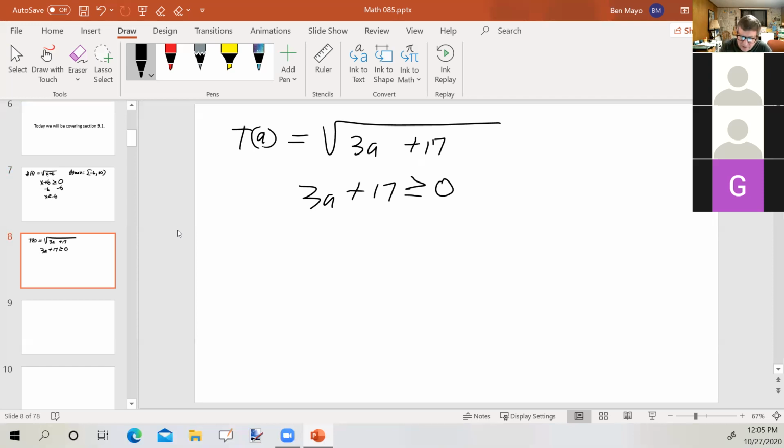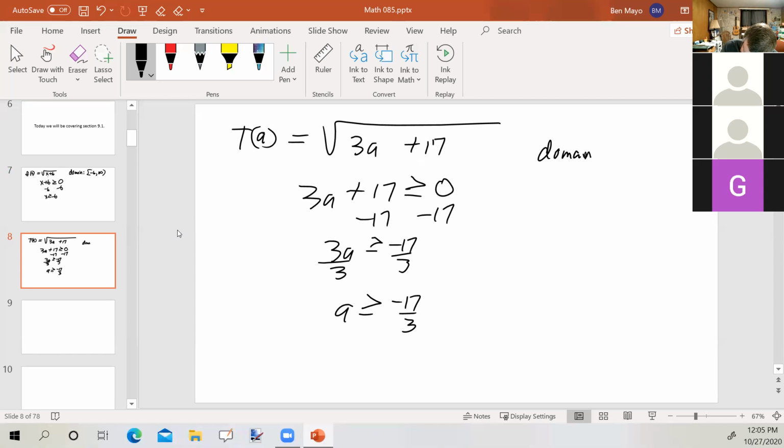So I take the stuff inside and set it greater than or equal to 0, and then solve it for the variable. So 3a greater than or equal to negative 17, divide by 3, a greater than or equal to negative 17 thirds. So your domain: negative 17 thirds, included, up to infinity.